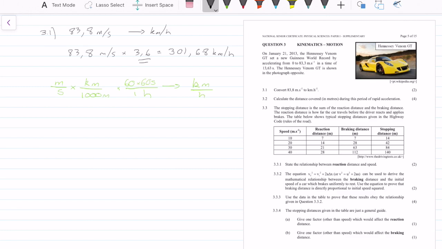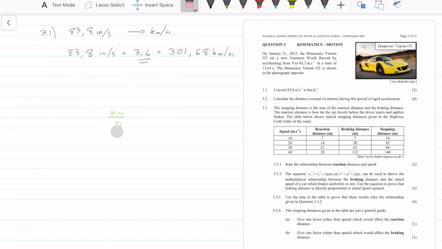Then these cancel, so we're only left with kilometers and hours at the bottom, and this is equal to 3.6 kilometers per hour.